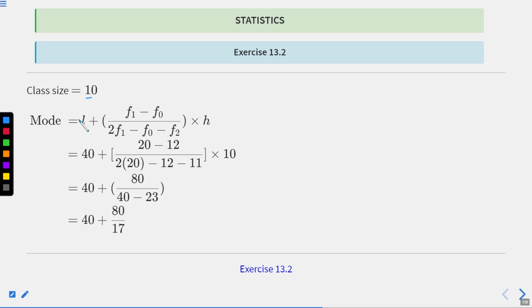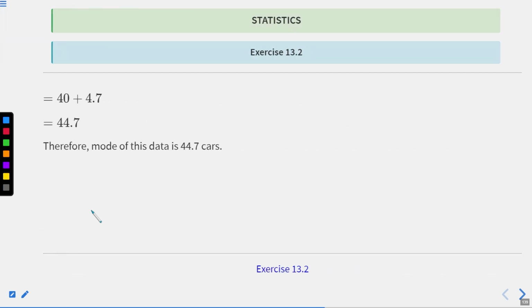And now if we substitute the values of L, F1, F0, F2 and H, then we get mode is equal to 40 plus 20 minus 12 divided by 2 times 20 minus 12 minus 11 times 10. And this is equal to 40 plus 80 divided by 40 minus 23, and this is equal to 40 plus 80 over 17.